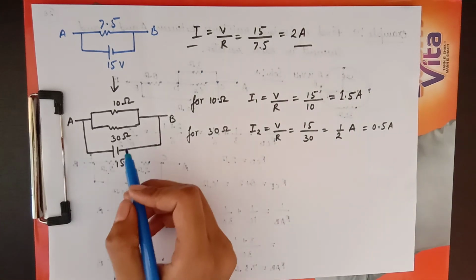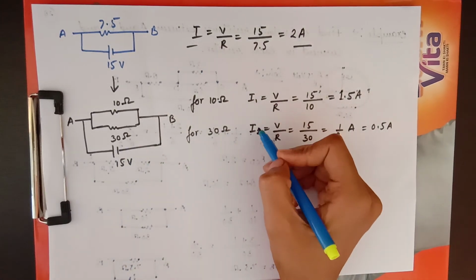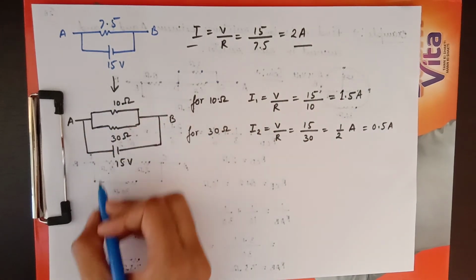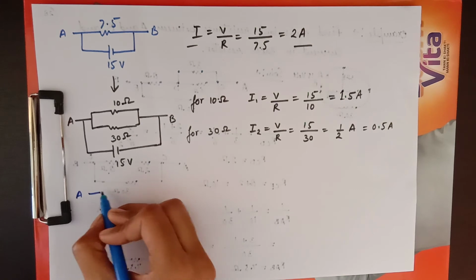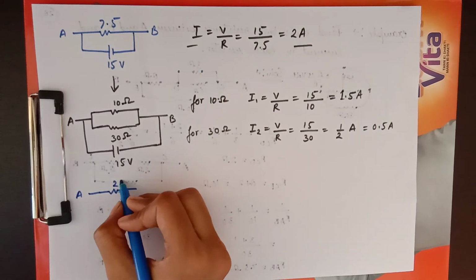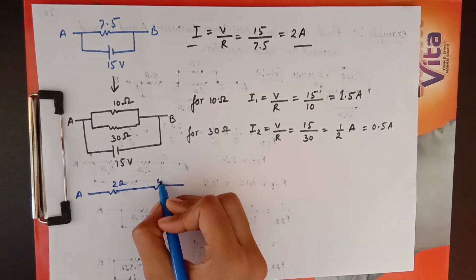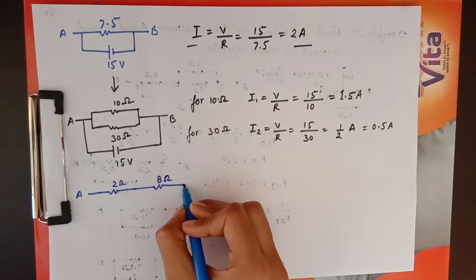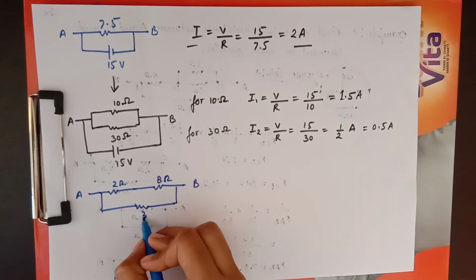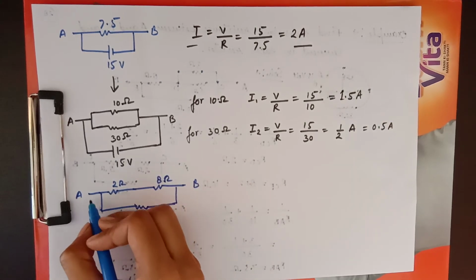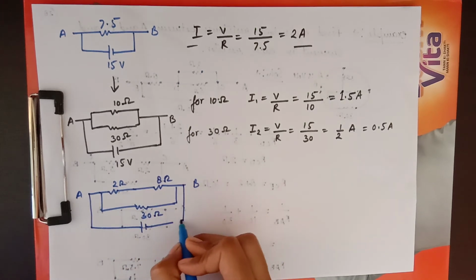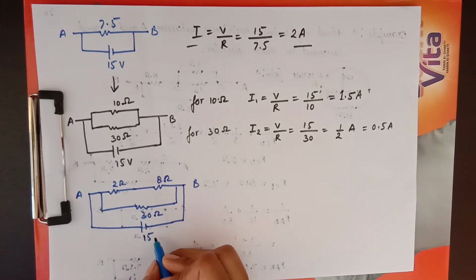As it is asked to calculate the current for each resistor, the 10 ohm resistor was the combination of two resistors. One was 2 ohm and the other was 8 ohm. This is point B and it is the 30 ohm resistor. From A to B we have a battery with the value 15 volt.